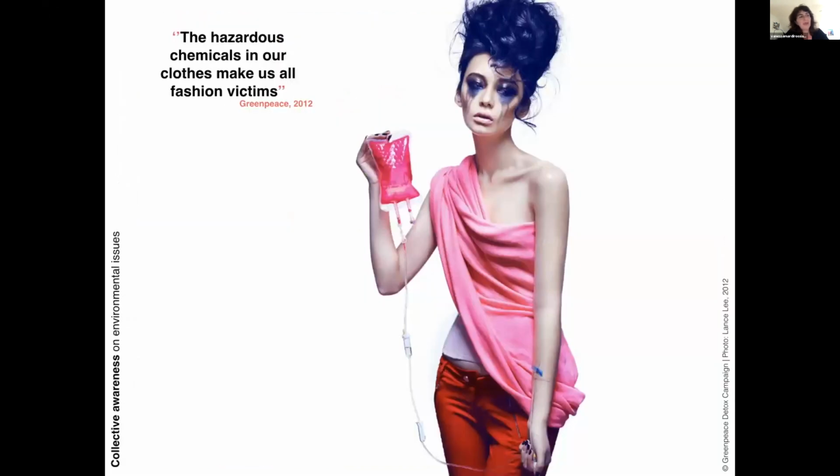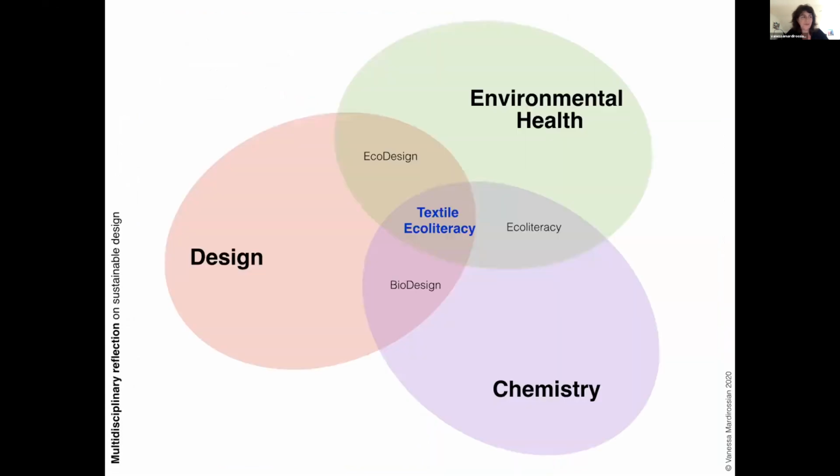Over time, I became really concerned about the polluting aspect of my industry, as more and more scientific studies showed the toxicity of synthetic dyes. I felt the need to reflect on this issue. I'm currently doing a doctoral research in sustainable design at Concordia University, where I interconnect design, chemistry, and environmental health.